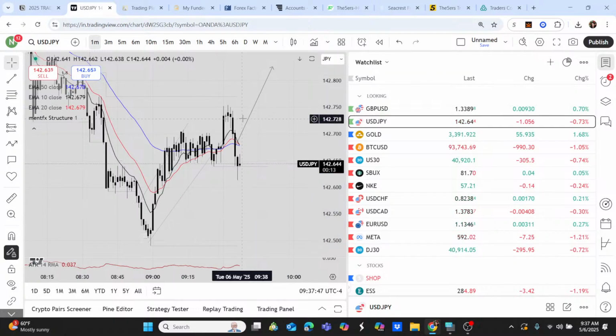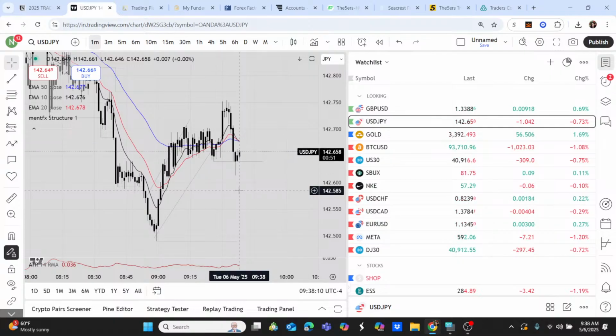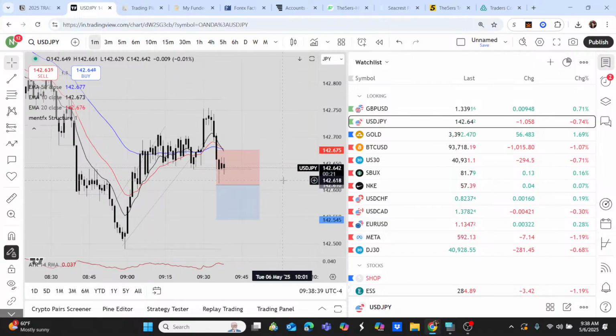Let me delete all this extra stuff right here. Okay, so if price can at least break with the next candle, I'll prepare an order right here, if price can break right there.